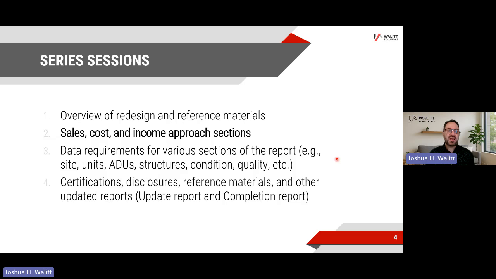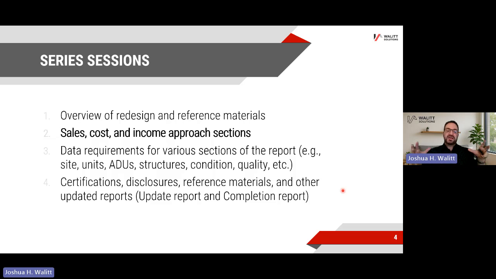In the third session, we will take a look at data requirements related to various sections, and then zero in more on some of the specific sections. In the final session, we will take a look at the certifications, the disclosures, the scope that's printed, and so on and so forth.